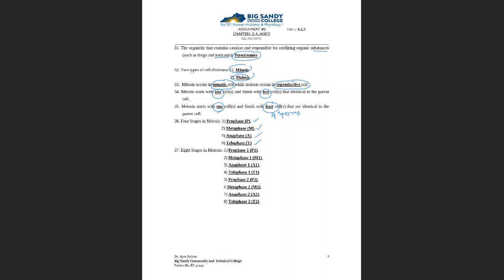Therefore, the stages will also be double. Mitosis has four, then meiosis has 8 stages. The sequence is the same, P-MET, but it's going to be P1, M1, A1, T1, and then P2, M2, A2, and T2. So those are the stages for the meiosis.